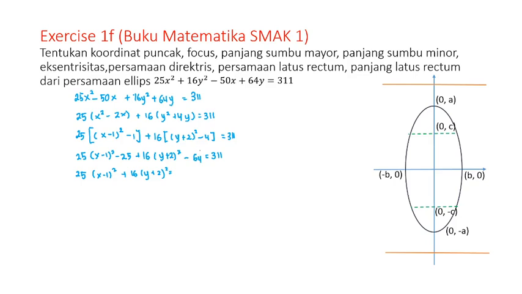The 89 becomes plus and is added to 311, which becomes 400, and then it is all divided by 400.